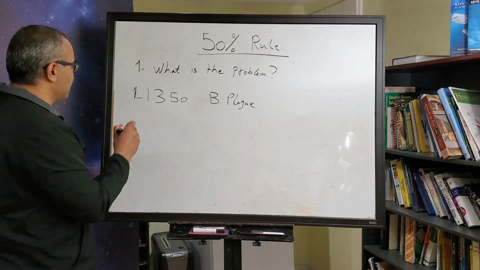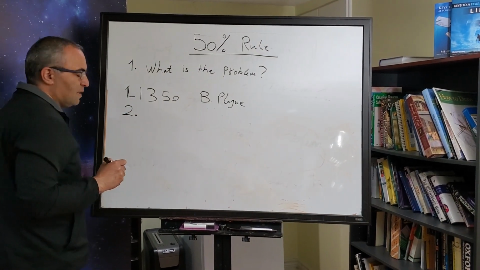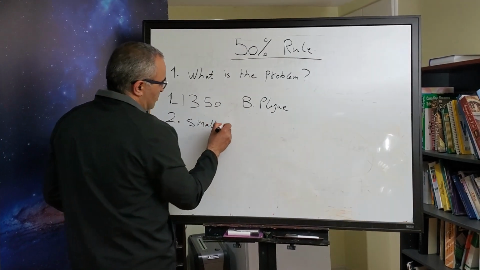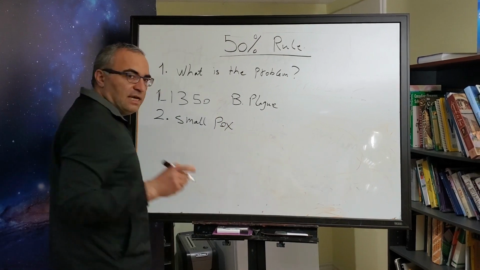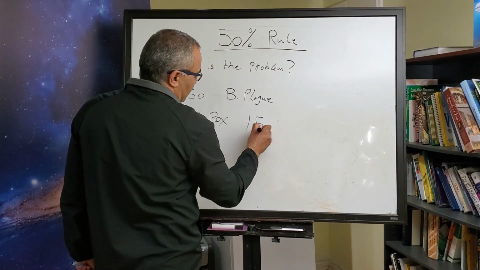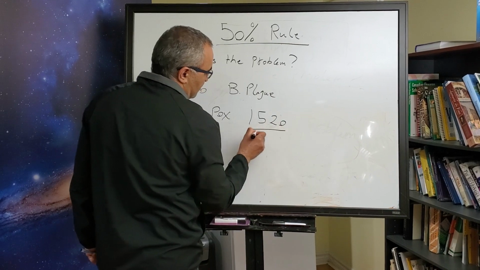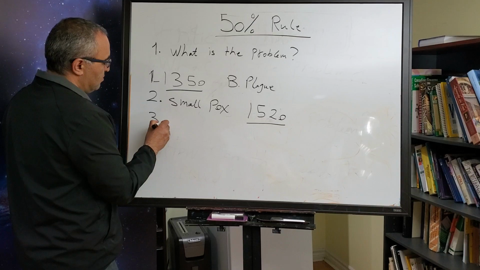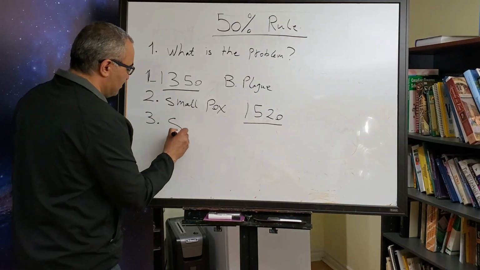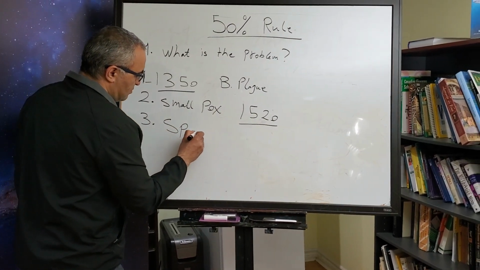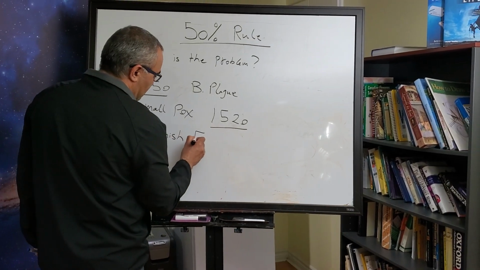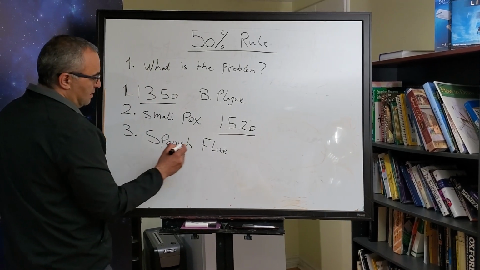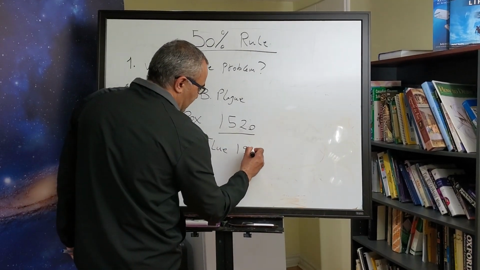The second one was smallpox, and that was around 1520. And the third one was the Spanish flu, and that was 1918.